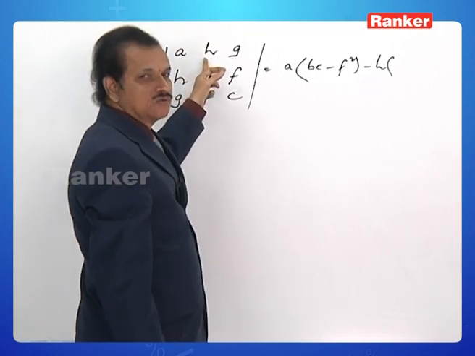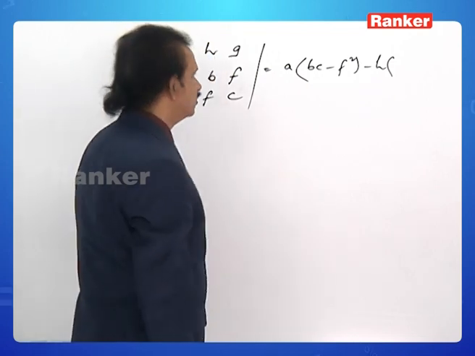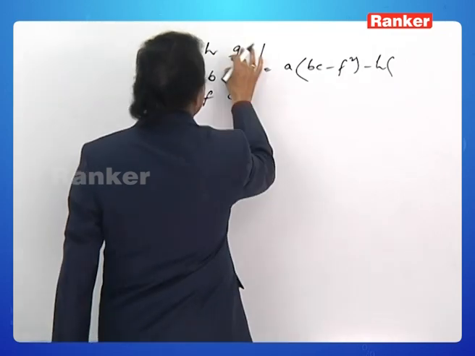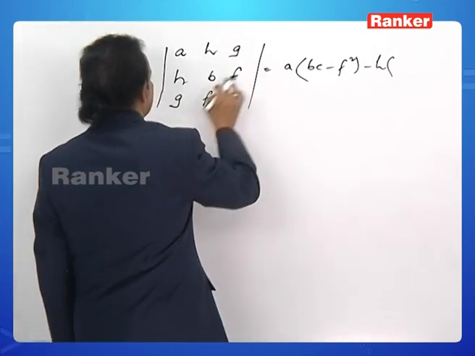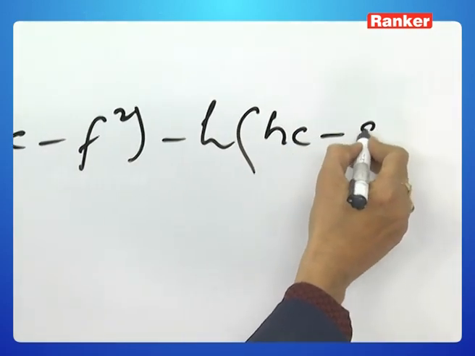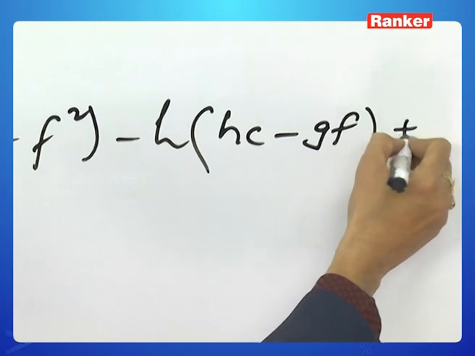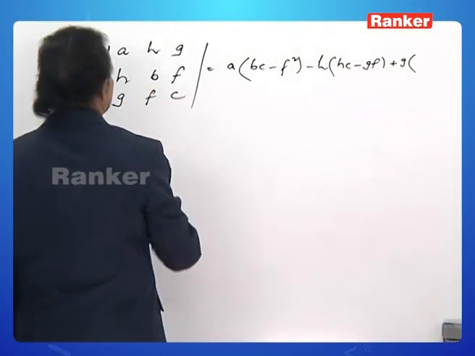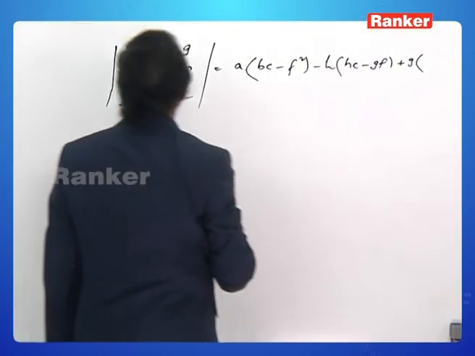Second one, minus 1 whole power 1 plus 2, negative. Yes, of course. Into, remove the first row and second column, CH minus GF, isn't it? Plus G into, the first row and last column, HF minus BG.